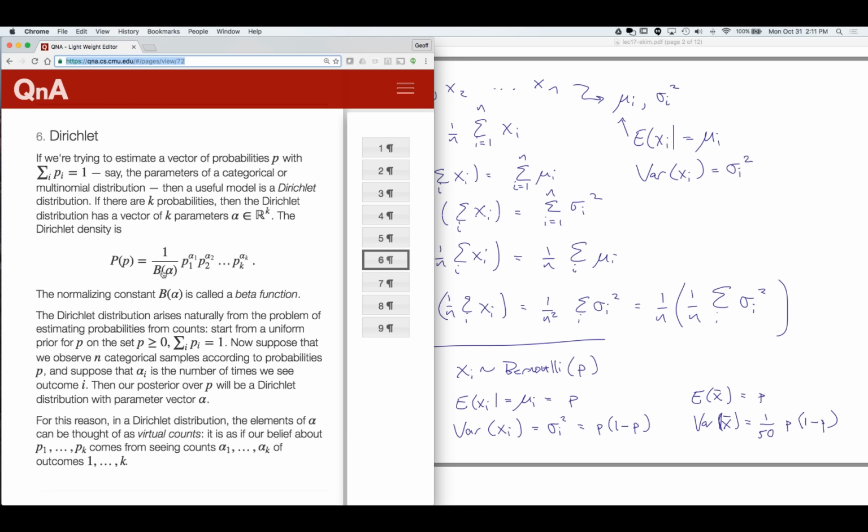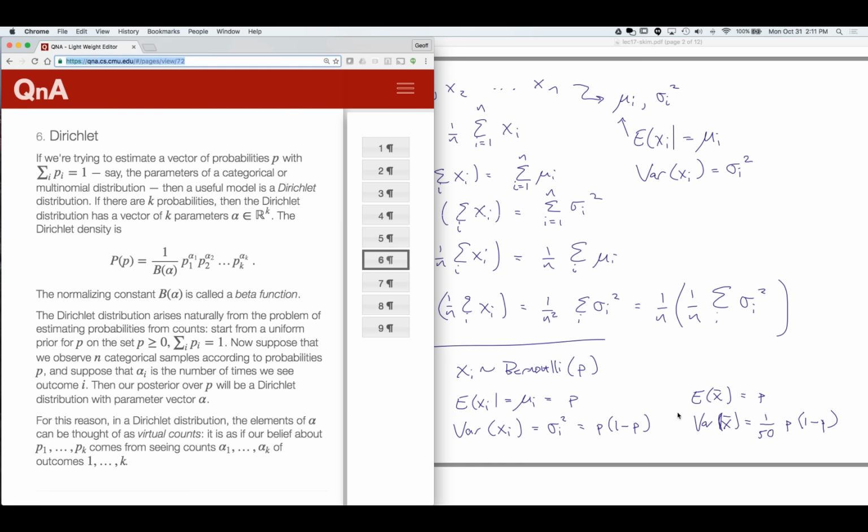It's a useful distribution because fairly often we're trying to estimate some probabilities. And in fact, Dirichlets arise very naturally when you're estimating probabilities, because if you observe n categorical samples according to probabilities p, and if you start from a uniform prior over p, then our posterior distribution will be Dirichlet. And in fact, the parameter of the posterior distribution will be the vector of counts.